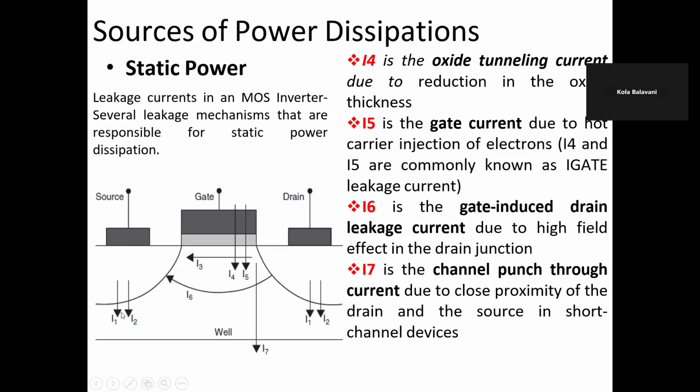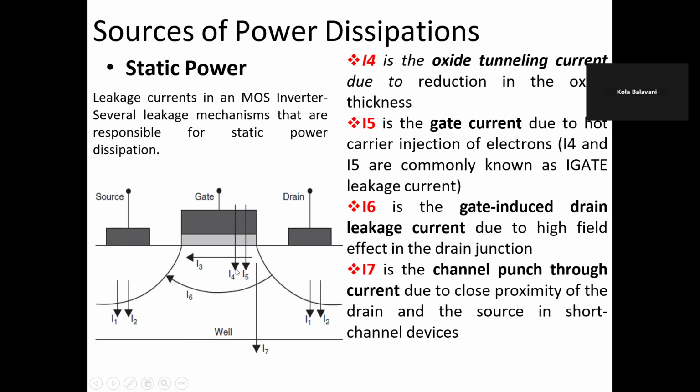I1, I2, these two occur due to the reverse biasing of the PN junction diode. Here this is the P and this is the N. So reverse biased PN junction diode and tunneling of electrons from the P region valence band to the conduction band. And I3 is whenever your input voltage, gate voltage, is less than the minimum voltage, threshold voltage, this subthreshold leakage current occurs.